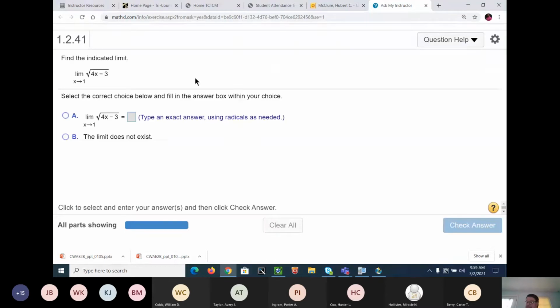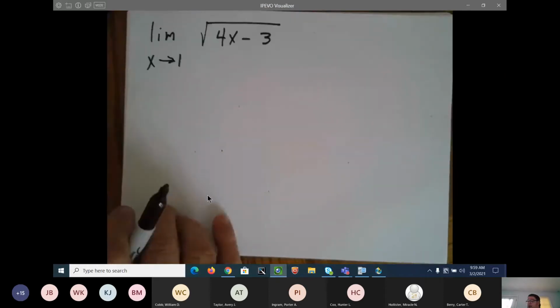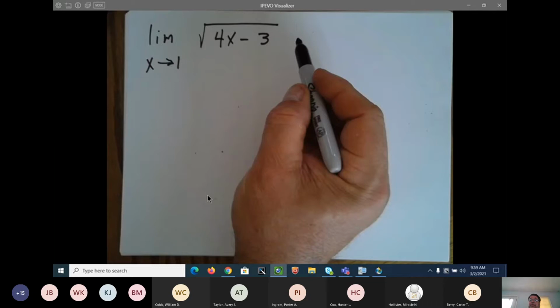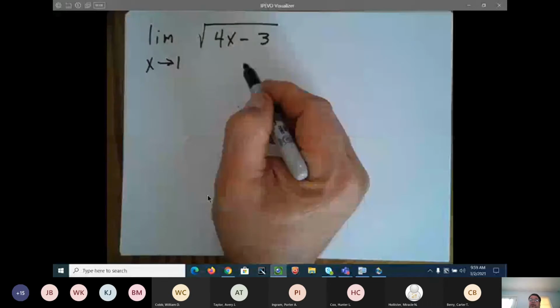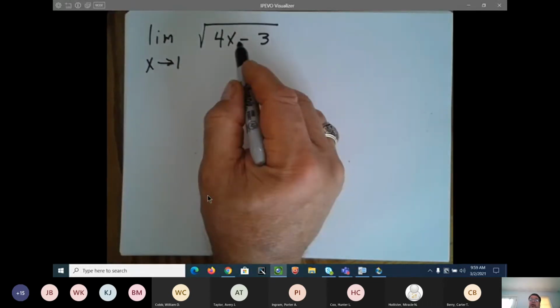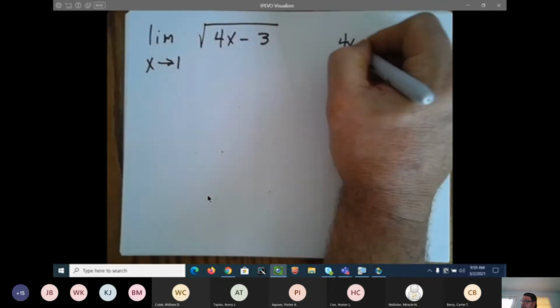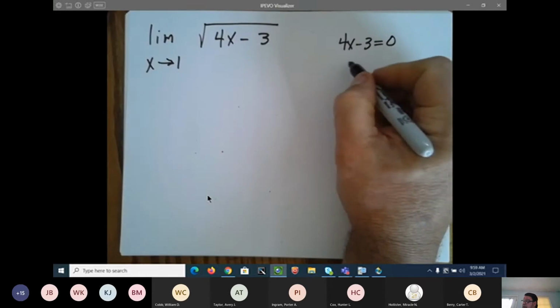All right, limit as x approaches 1 of the square root of 4x minus 3. This is a radical. So first of all, we've got a horizontal shift of 3 to the right. So we know that the domain is affected. We can't use anything negative. Let's set the inside equal to 0. 4x minus 3 is equal to 0. 4x is equal to 3.